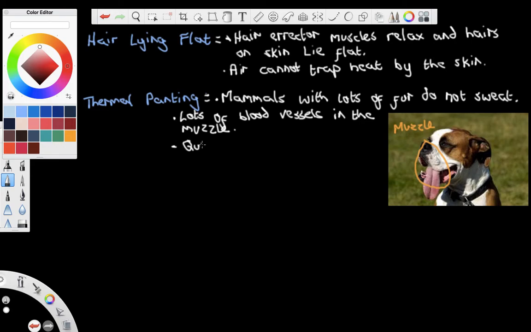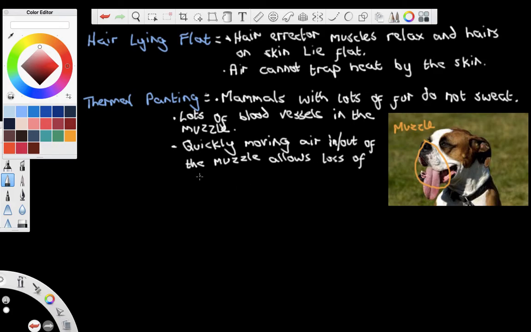Quickly moving air in and out of the muzzle allows loss of heat from these blood vessels.